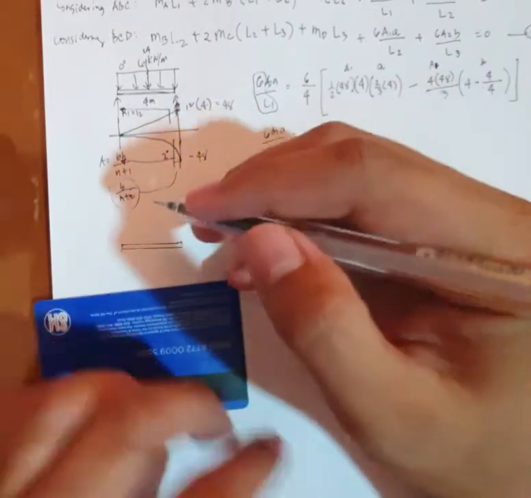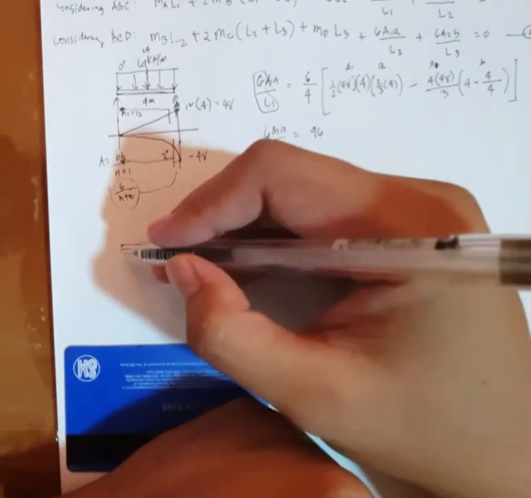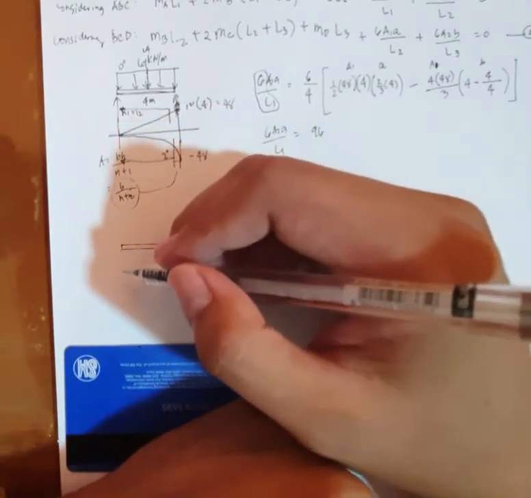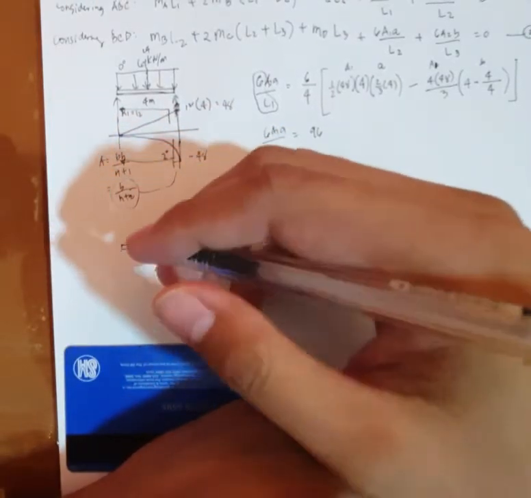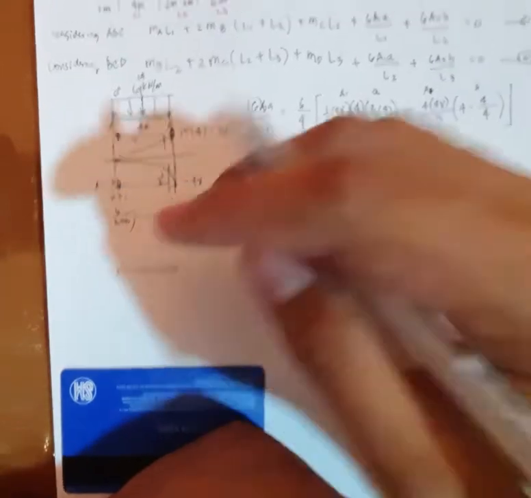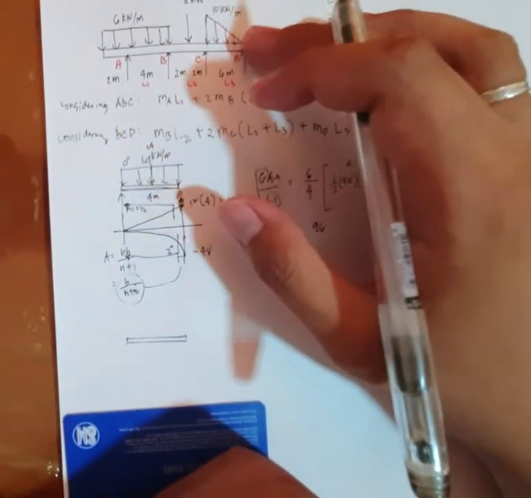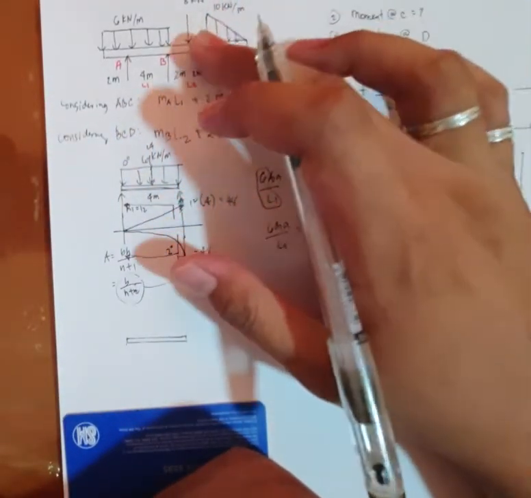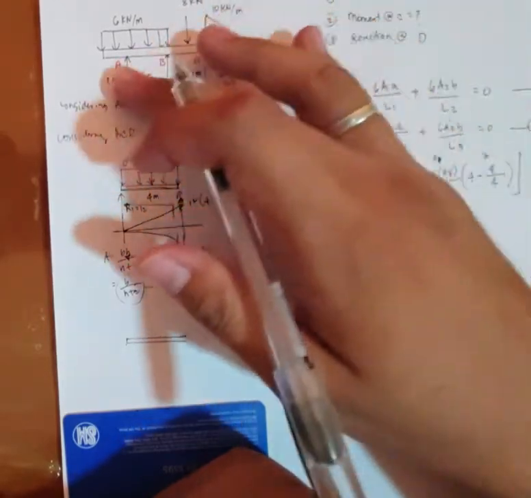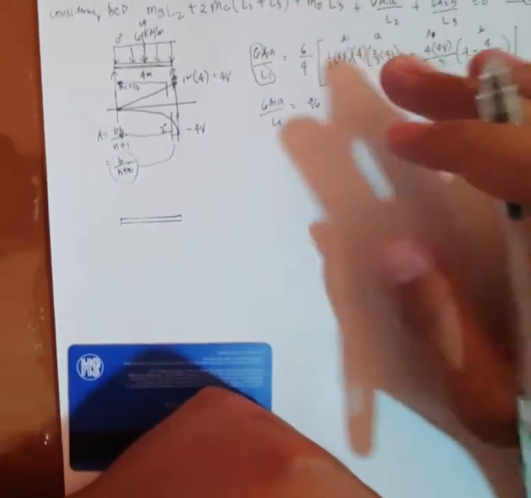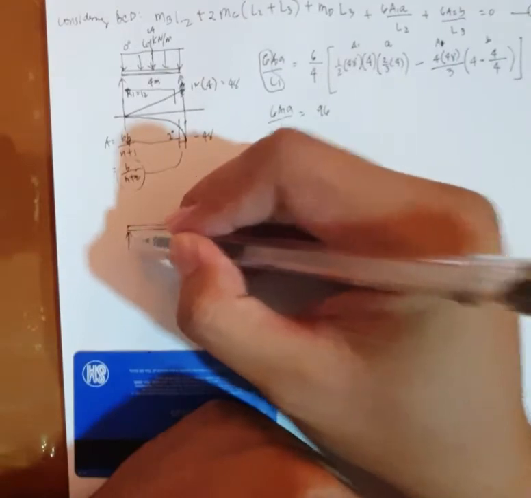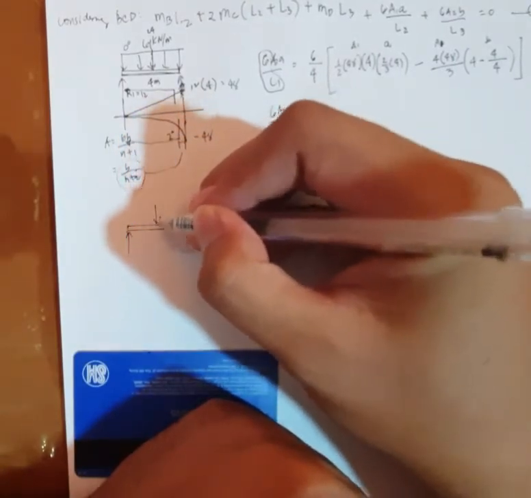Student: Sir, is it always considered a simple support when we get 6A1A or 6A2B? Yes. Even if it is fixed, when we get the fixed end moment, it is no longer a simple support. Remove it and consider it as a simple support.